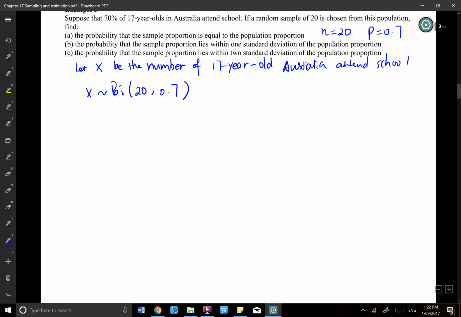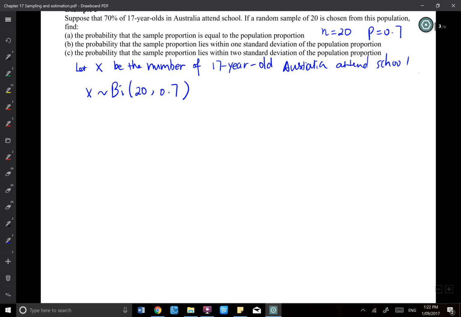That's selecting 20 people, and every single person has a 0.7 chance of attending school. So X has nothing to do with the proportion yet. It's just X people out of 20, and I want to see how many actually attend school.